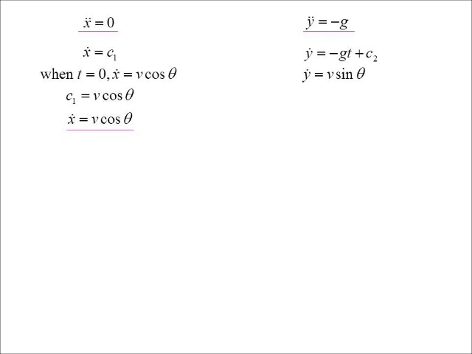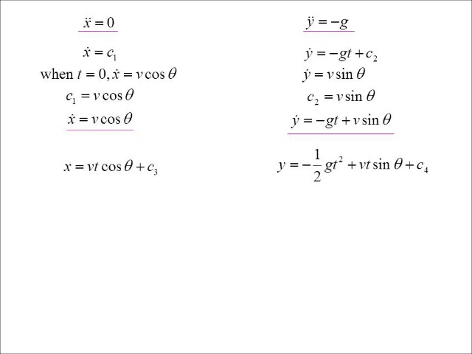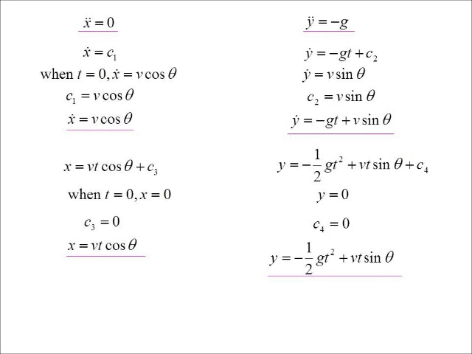Horizontally, we've got a constant velocity of v cos theta, which was its initial one, whereas vertically, minus gt plus v sin theta. For displacement, we can integrate, and the same vertically. Again, I've chosen them nice and neat, so the constants turn out to be 0, and we end up with equations for displacement.